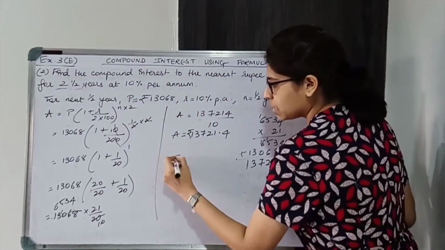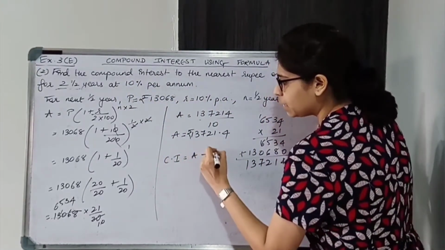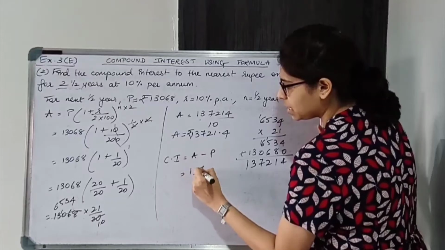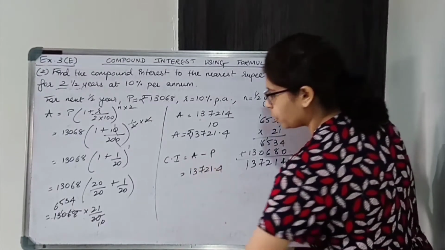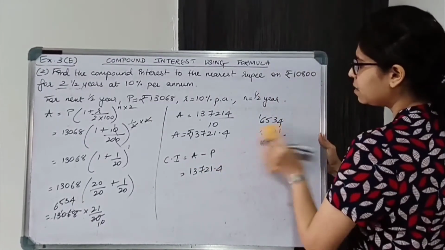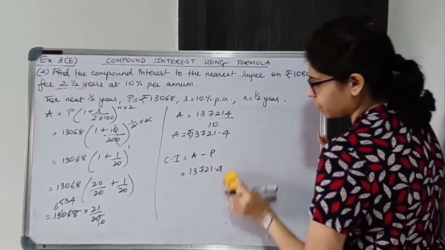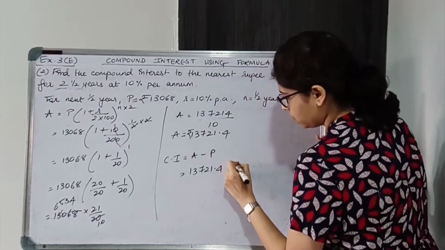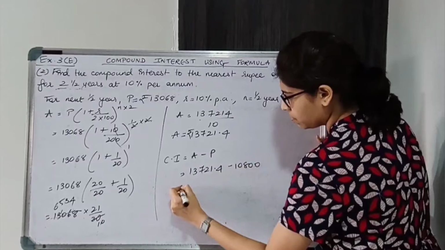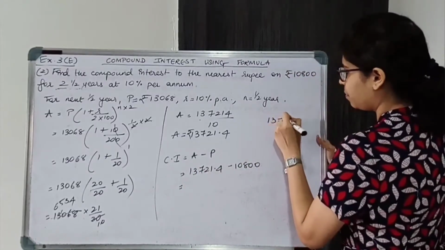So CI is equal to A minus P, that is 13721.4 minus 10,800. So just subtract.